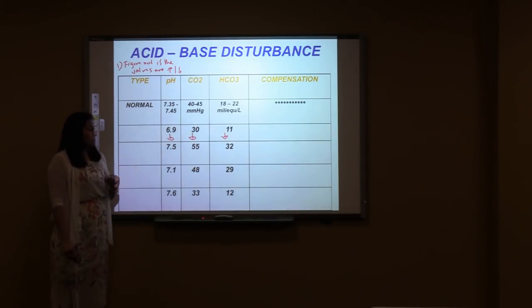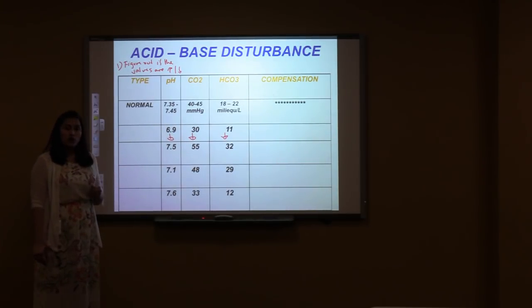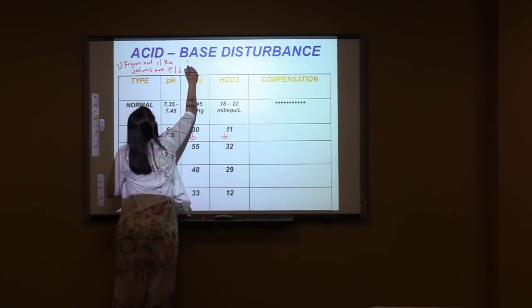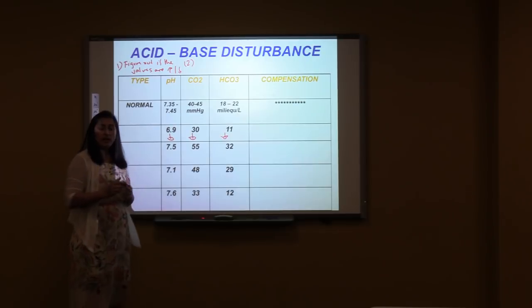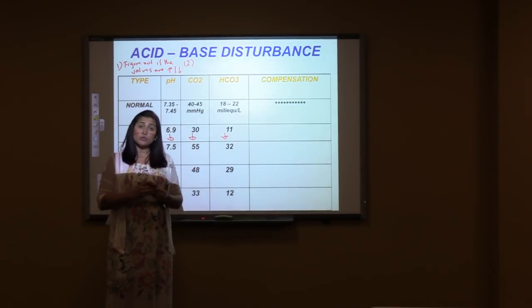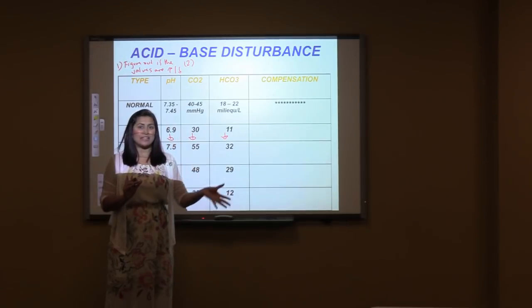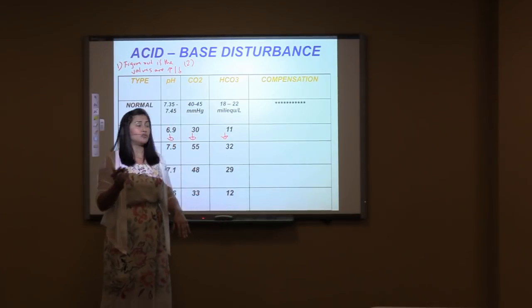After you have done that, your next job is to figure out, are you in acidosis or alkalosis based on your pH. So you look at the pH and just figure out if it's in the range of acidosis or alkalosis.